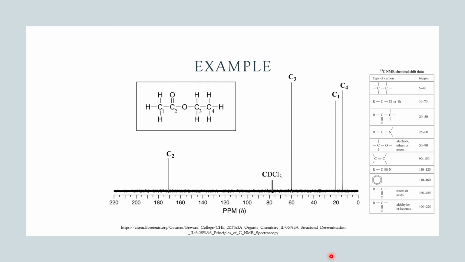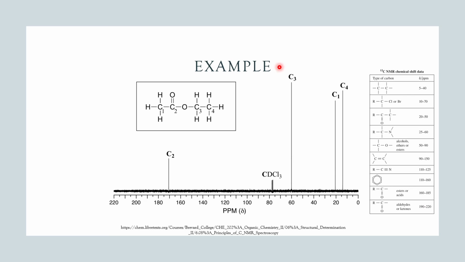And using the shifts that are present, we can see that C4 matches the shift data here for carbon-carbon bonds, which is what we see between C4 and C3. For C1, which is bonded to a carbonyl group, we can see that with its shift just above 20, it matches the data that's here, a carbon bonded to a carbonyl group, which is good.